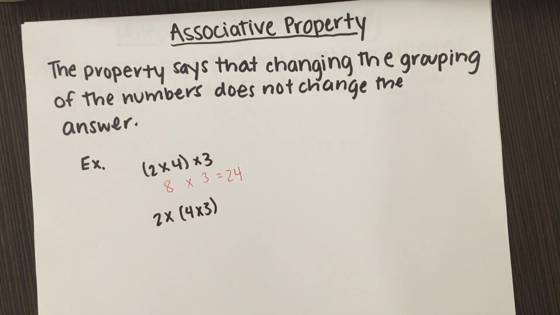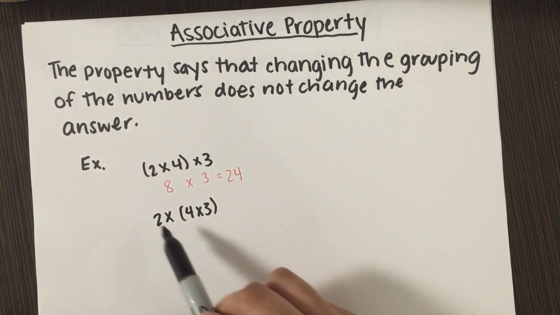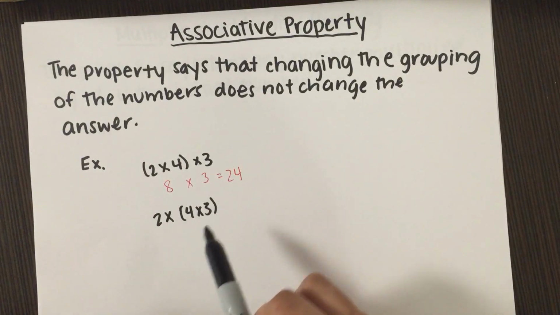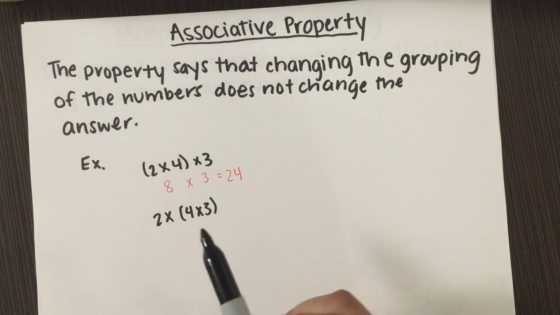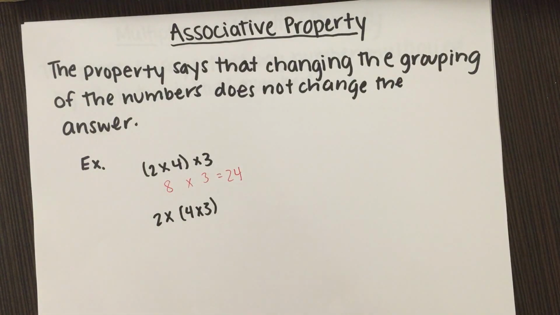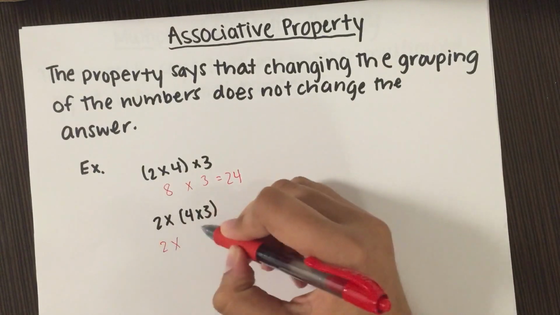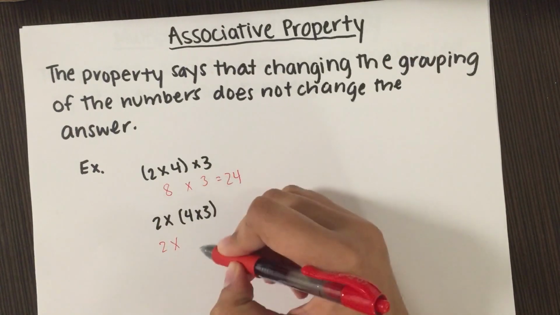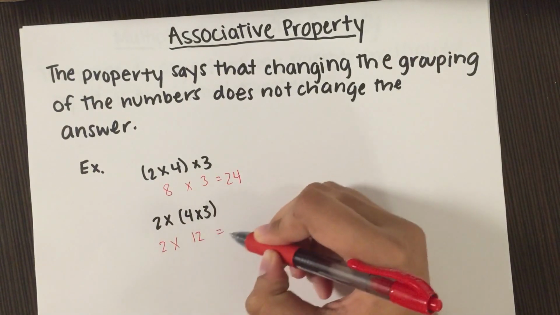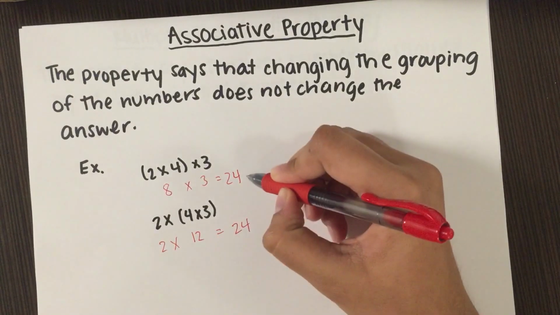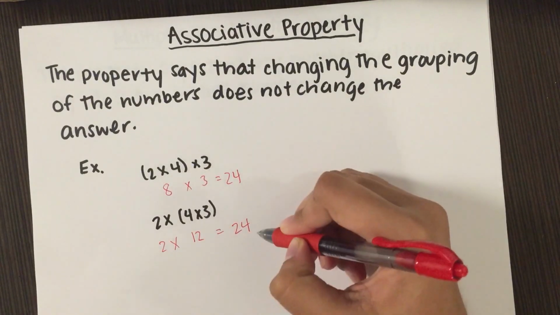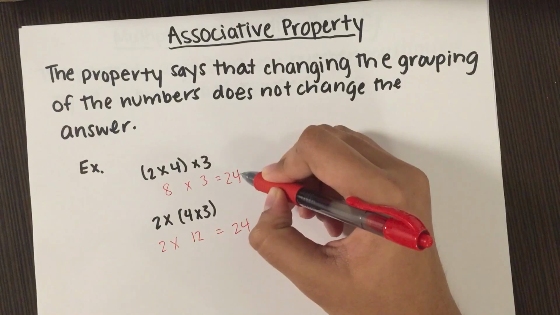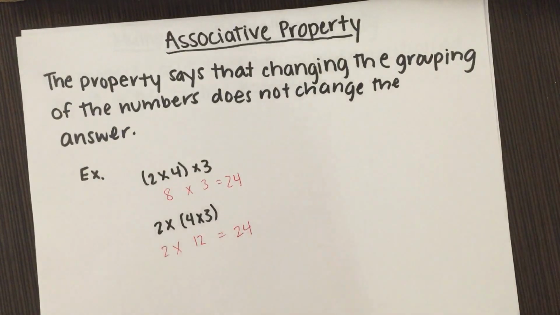Now, according to the associative property, even if we change the parentheses location, the answer will not change. So let's try it. 2 times 4 times 3, which is 12, is equal to 24. So we have proven the associative property works. 24 and 24 are equal to each other.